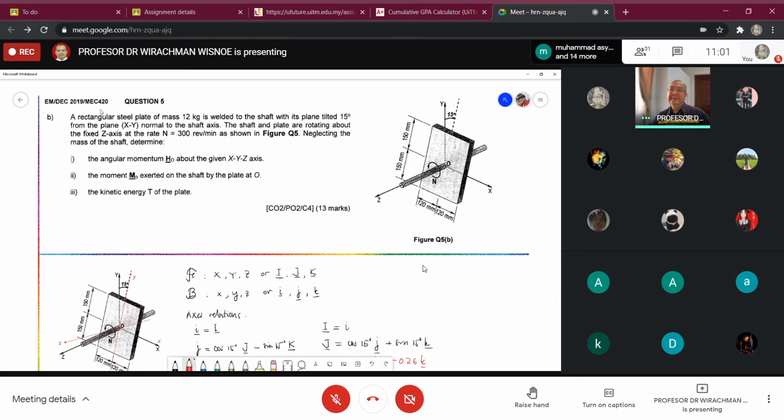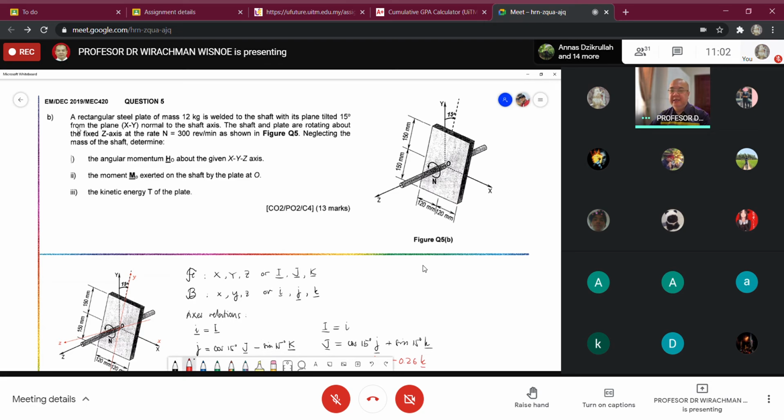So this one is taken from the exam of MEC 420 last year, 2019. Okay, December. So last year was December, now only in February because of the COVID. Otherwise, it should be in December or January. Question A, of course, is about descriptive.